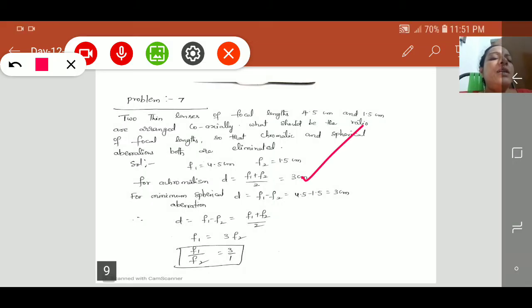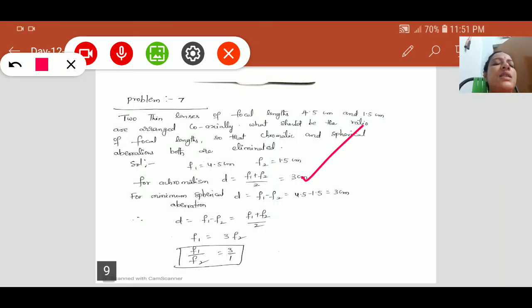The condition for achromatism is d equals f1 plus f2 by 2, where f1 is 4.5 plus 1.5 by 2, that is 3 centimeters. At the same time, for minimum spherical aberration, the distance between the two lenses must be equal to f1 minus f2, 4.5 minus 1.5, 3 centimeters.